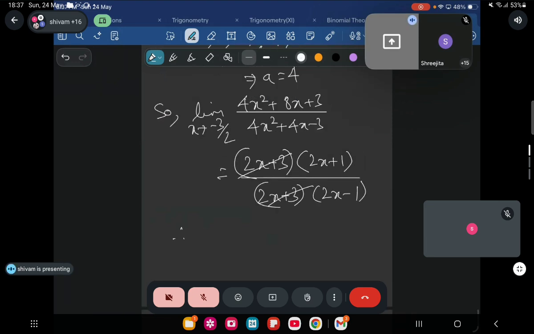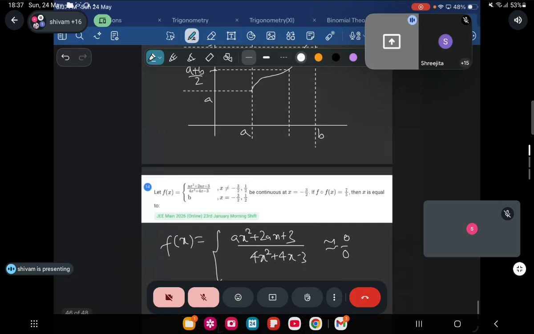So everyone, what is the limit? This is equal to b. So limit will be equal to 2 into minus 3 by 2, that is minus 3 plus 1, upon minus 3 minus 1, this is equal to b. So everyone got b is equal to half. Tell me, you understood b equal to half? Okay. Acha, b is equal to half.